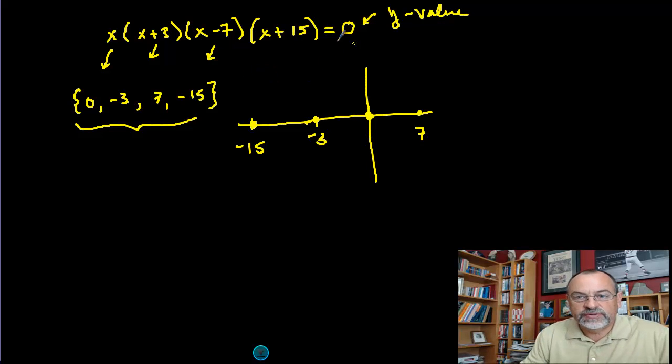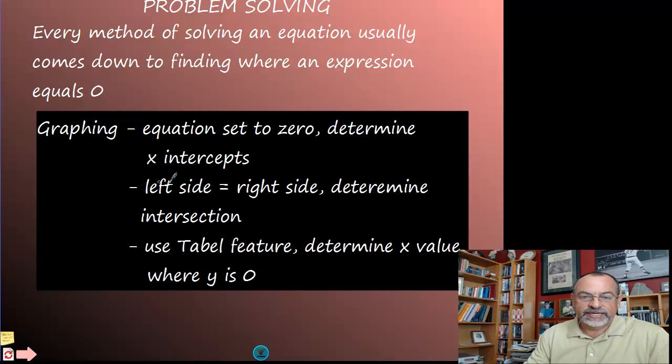When the equation is equal to 0, that means we know the y value is 0. And every point on the x-axis has a y value of 0. So any x value that makes this equation true is a point on the x-axis when we're looking at the graphical model. So again, if the equation is set to 0, then we're looking at the x-intercepts.